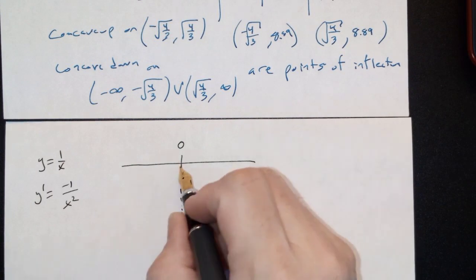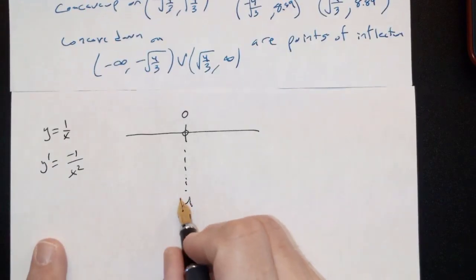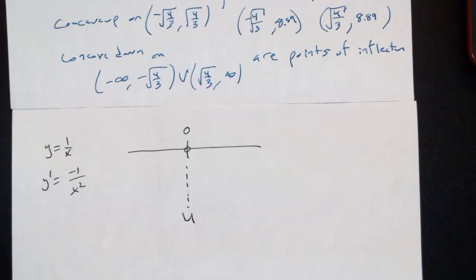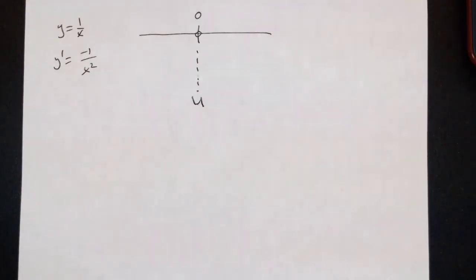Some people will put a little open circle on the axis. Some people will go so far as to write a U on the bottom for undefined. That's still a place I need to take into account when I am doing my sign charts, but I have to take it into account differently. Questions?